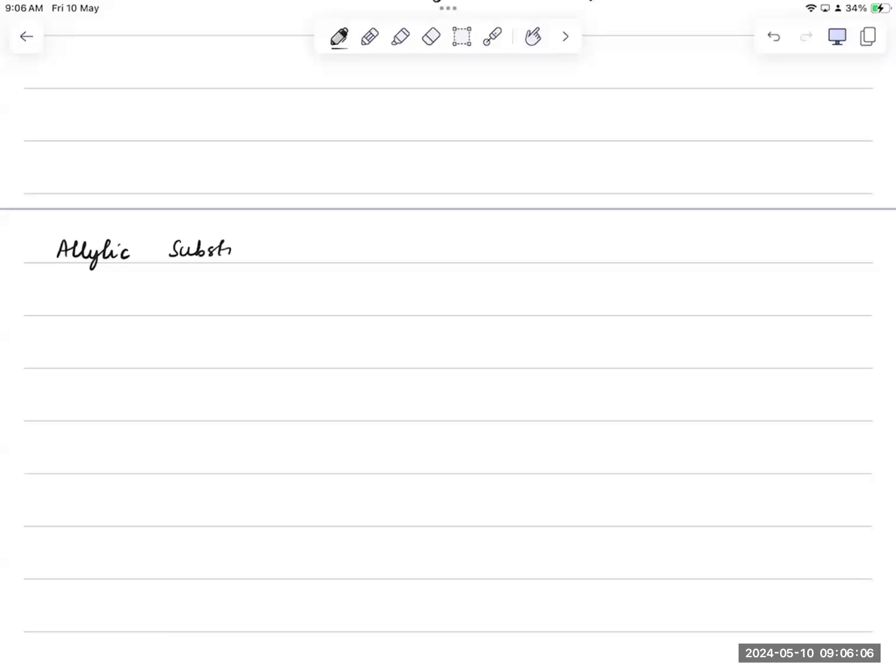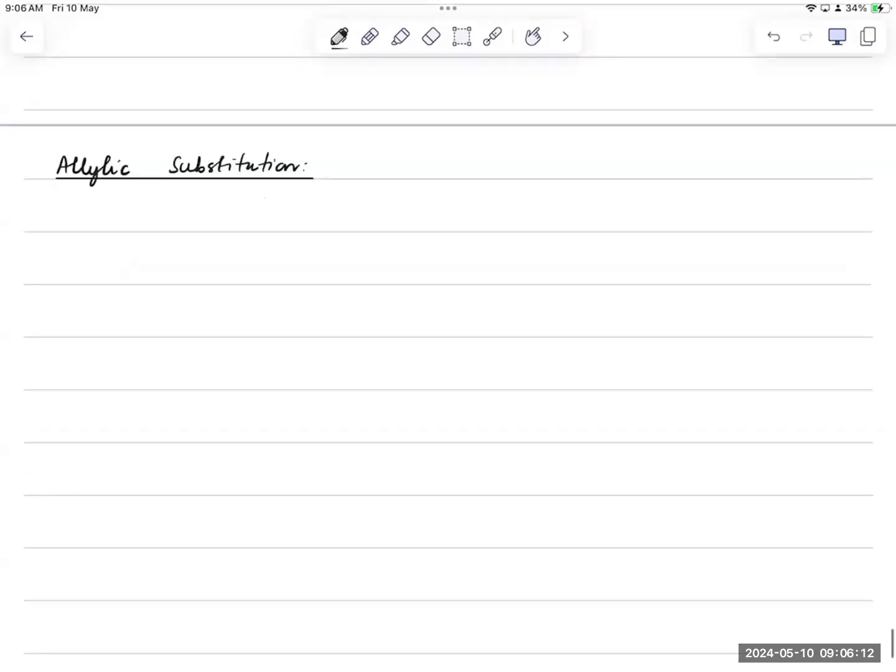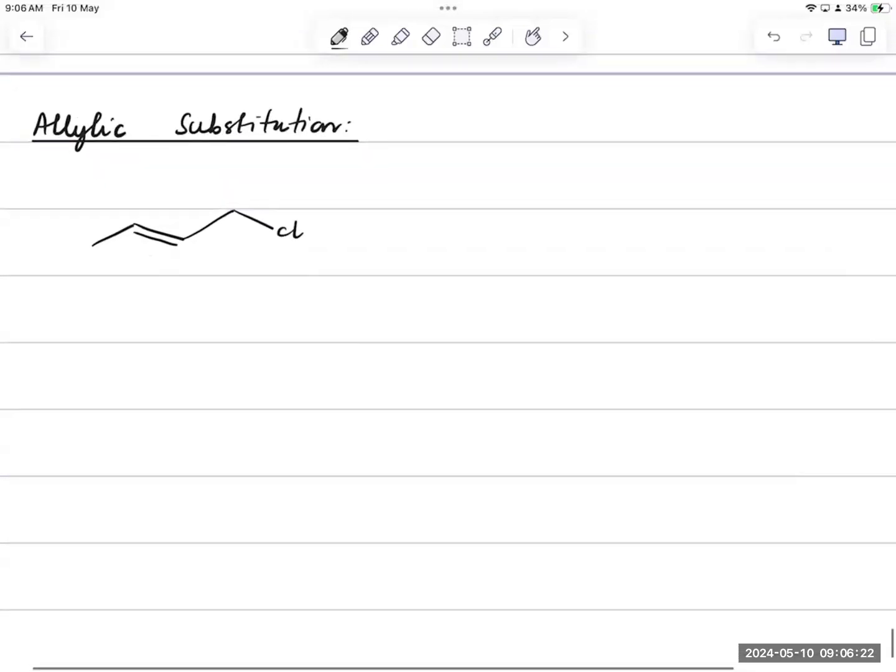See, in case of allylic substitution, what we need to think. Suppose if you have a double bond here, and then I have a chlorine group here. And if in this example, I treat this with H2O. Okay. So I'm expecting this to go via SN1 reaction.